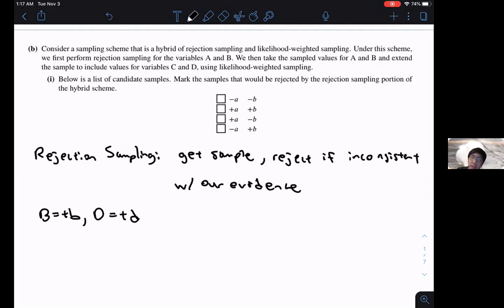So any sample that is inconsistent with these two things is going to be rejected by rejection sampling. Therefore, this one right here and this one right here would get rejected because they both have minus b instead of plus b. So these two are inconsistent.